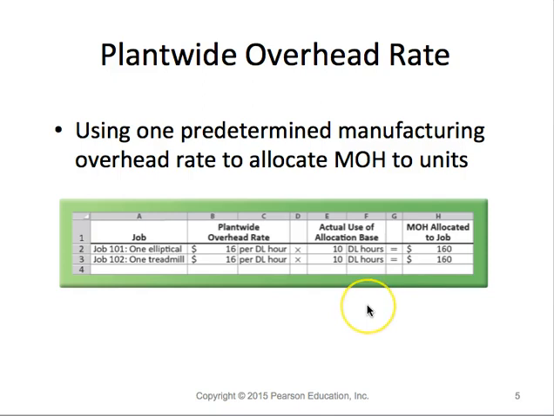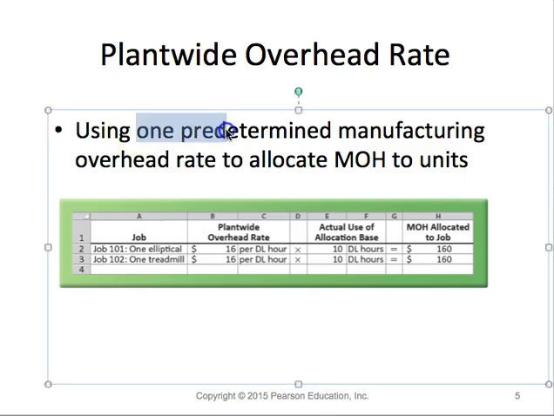Here's an example. I use a plant-wide overhead rate, and we use only one predetermined manufacturing overhead rate to allocate manufacturing overhead. For example, we have two jobs.